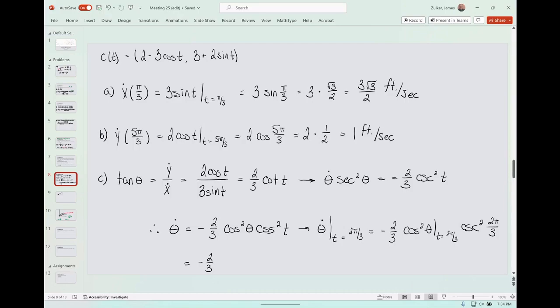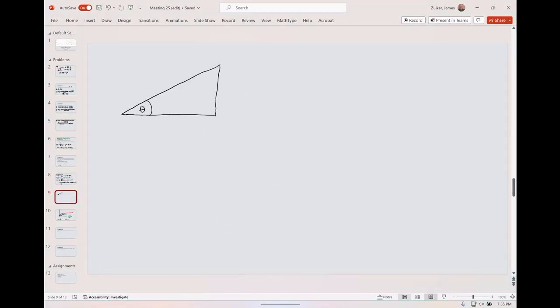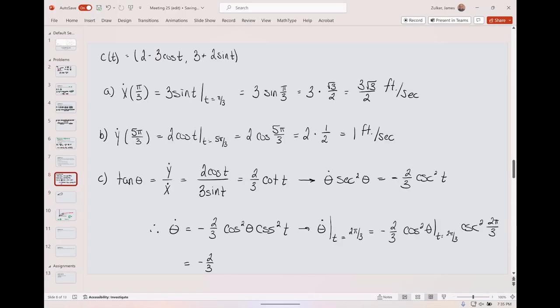What is cosine of 2 pi over 3? Negative a half. Times 2 is negative 1. I'm going to write that down as 1 for right now. What is sine of 2 pi over 3?